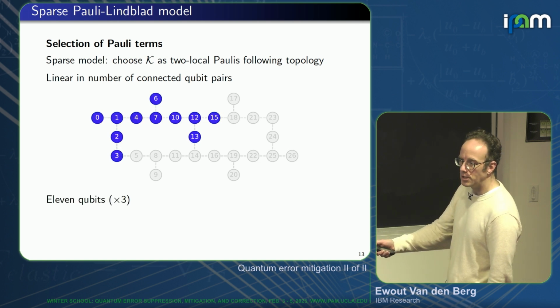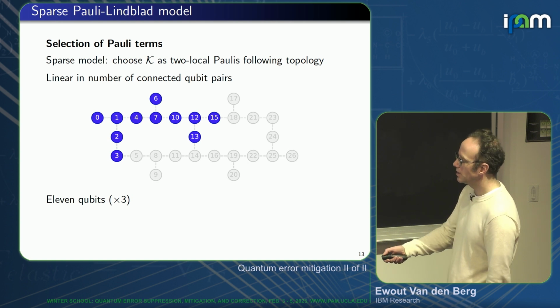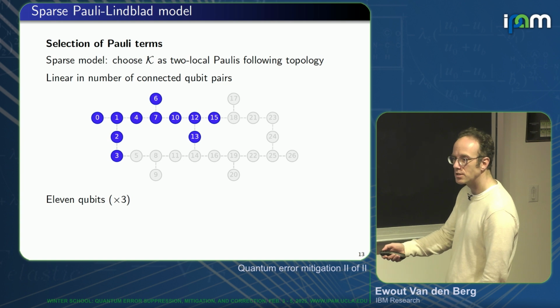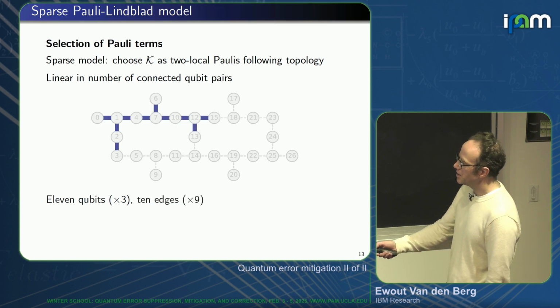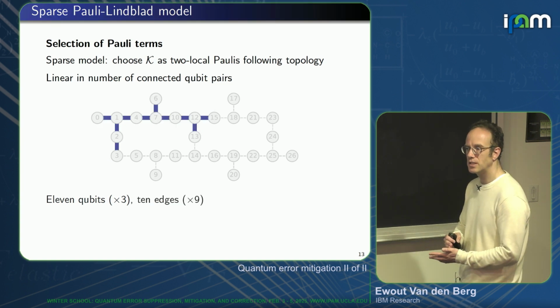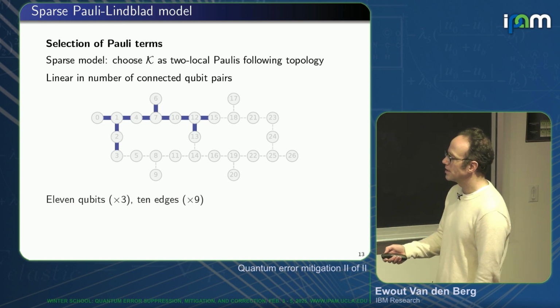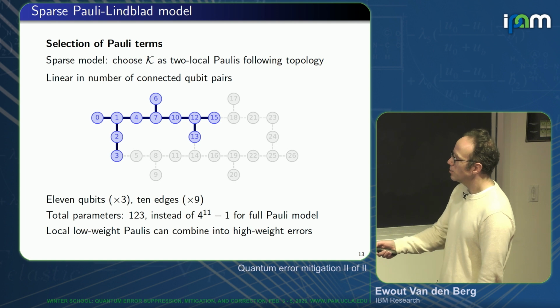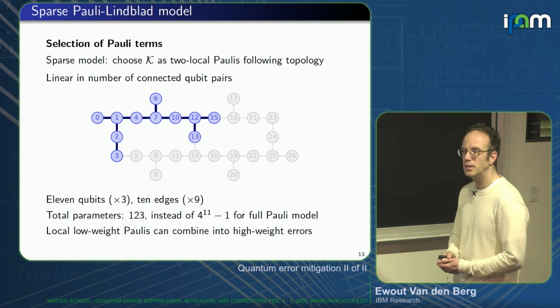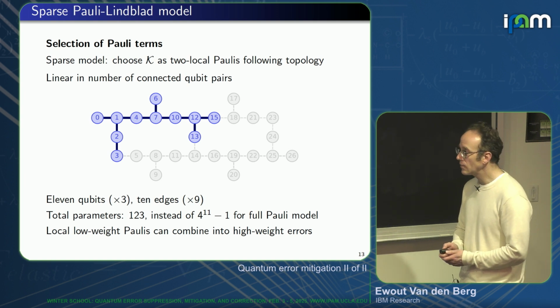The weight 1 Paulis on each qubit is just x, y, and z. So we get 11 qubits times 3 terms. And then there's 10 edges. Each edge has x, y, z times x, y, z. So that's 9. So that's another 90 terms here. So in total, these 11 qubits would have 123 parameters.